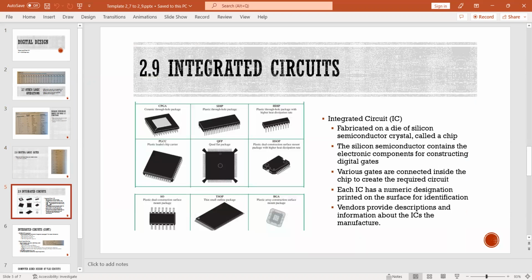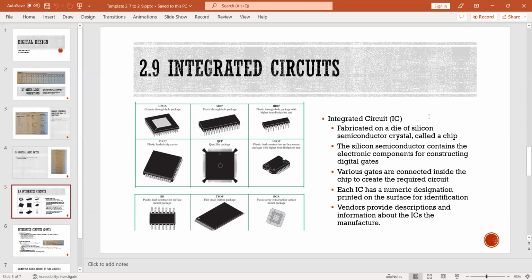And that takes us through 2.7 and 2.8. The last section doesn't go into this in great detail, but they just wanted to give you a little information about integrated circuits. An integrated circuit has what they call a die of a semiconductor crystal.